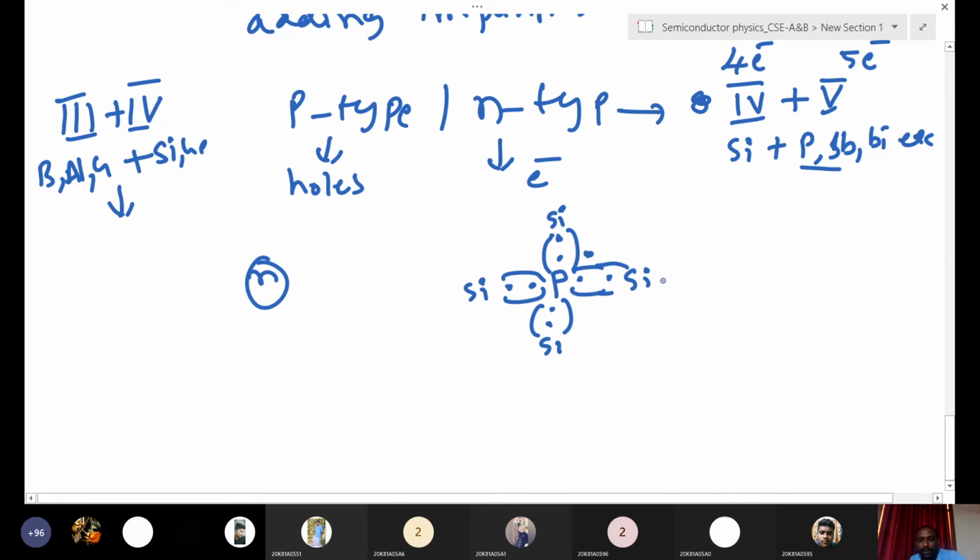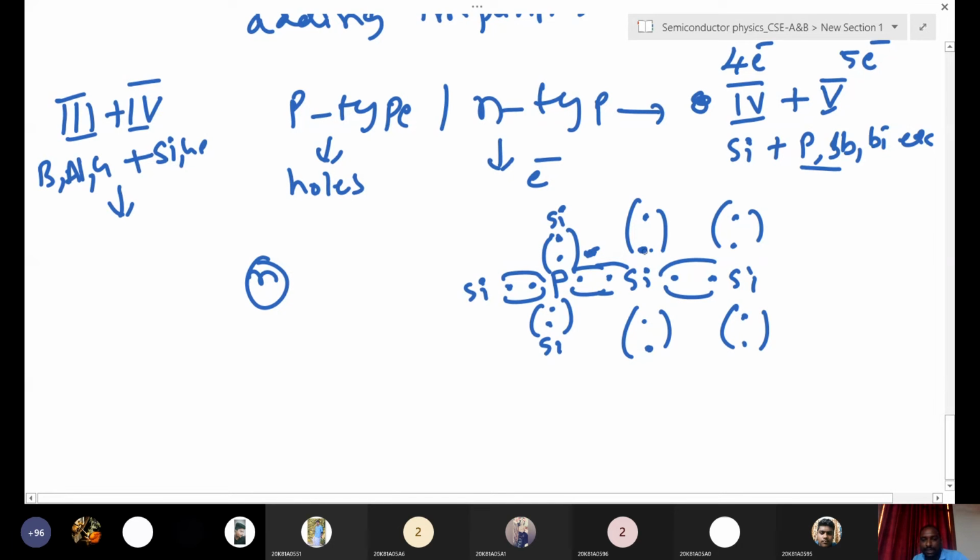If you draw the silicon network, it looks like this. Here also some silicon, here also some silicon, like this you can have a silicon network. This extra electron will come and make the covalent bond, and it will eject the electron that was there, so that free electrons are available.